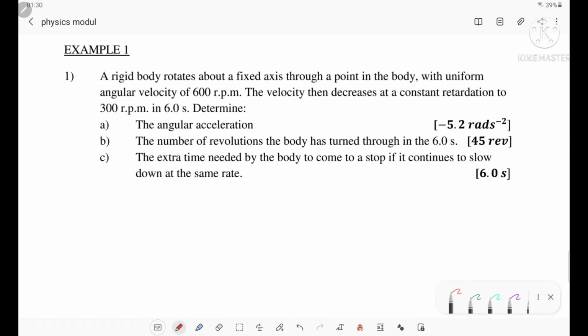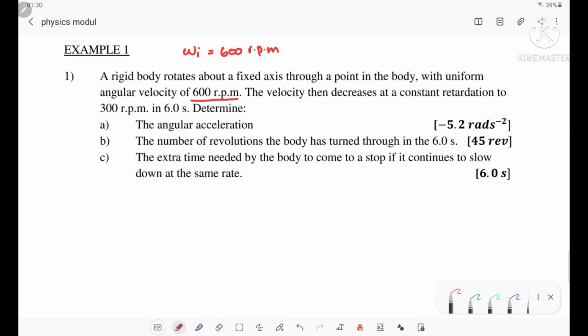Let's look at example 1. A rigid body rotates about a fixed axis through a point in the body with a uniform angular velocity of 600 revolutions per minute. For the initial angular velocity, you need to convert into radian per second first. So we have 600 revolutions per minute.